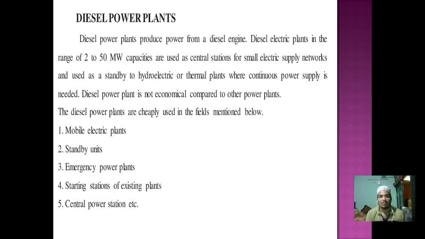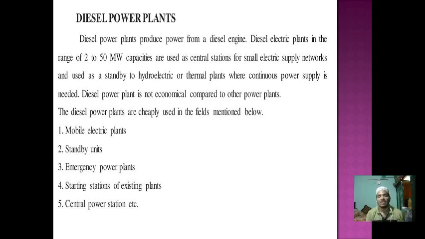and in the range of the diesel power plant we are producing electricity, 2 to 50 megawatts capacity is used, and central station for small electric supply. For the central station we are supplying the small electric network and use as standby by hydroelectric.